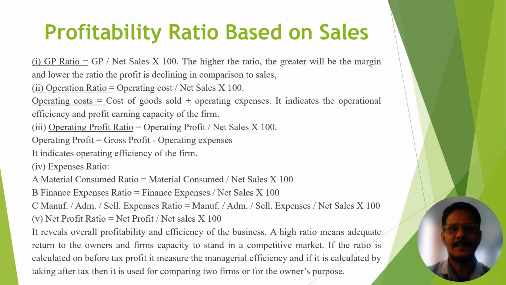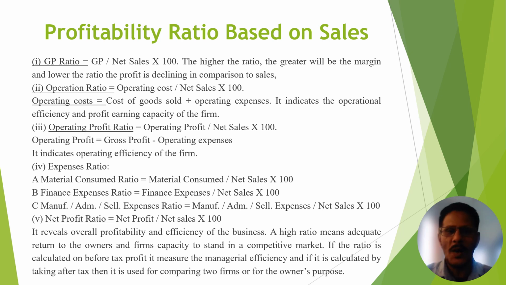Now the next, expenses ratio. Here we have different types of expenses ratio. We can calculate the relationship with sales for different ratios, like material consumed ratio. You can calculate material consumed ratio by applying material consumed divided by net sales multiply 100.